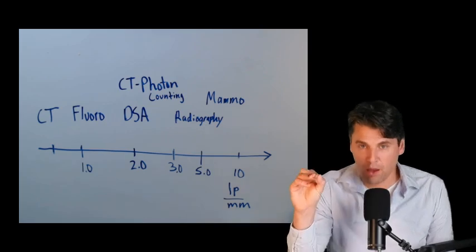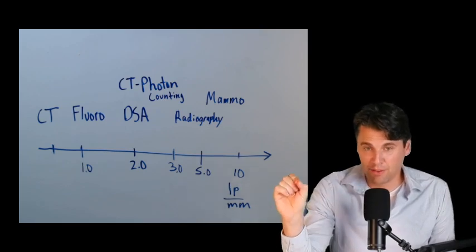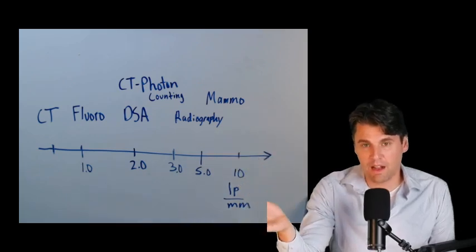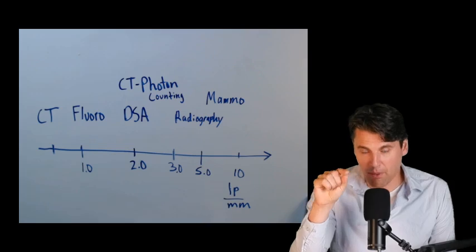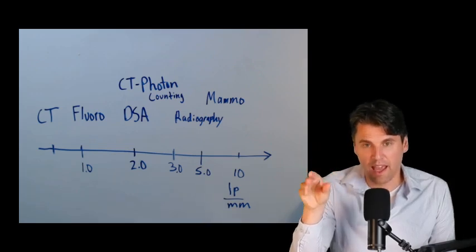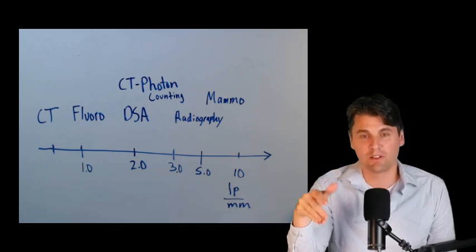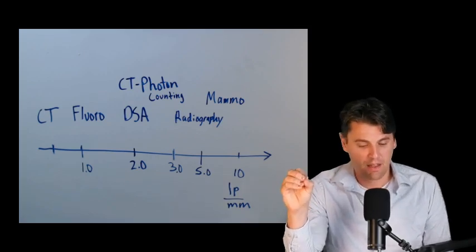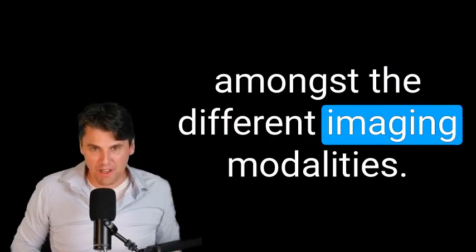And typically, mammography is where you will splurge for that higher resolution on your detector, because one of the tasks in mammography is looking at microcalcifications and being able to determine how many, the orientation, and being able to visualize these separate microcalcifications. If you didn't have adequate spatial resolution, they would blur together and you'd not be able to visualize them independently. That's how the spatial resolution stacks up amongst the different imaging modalities.